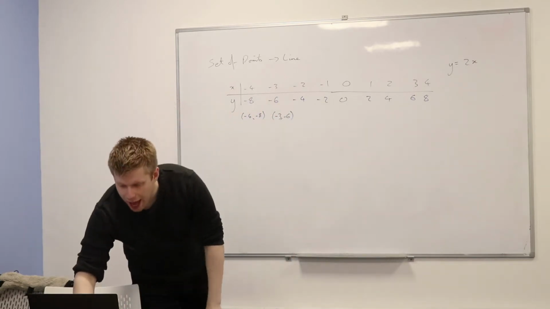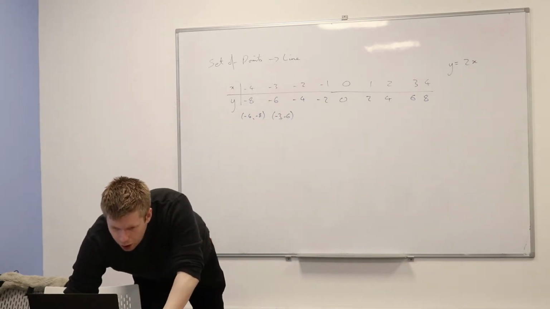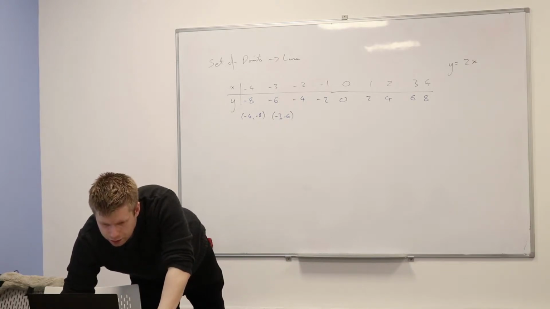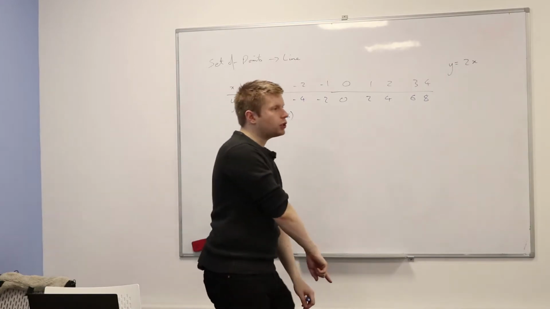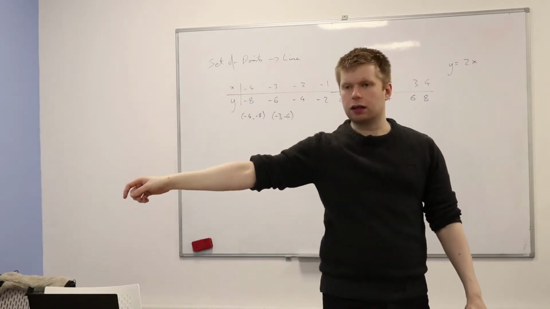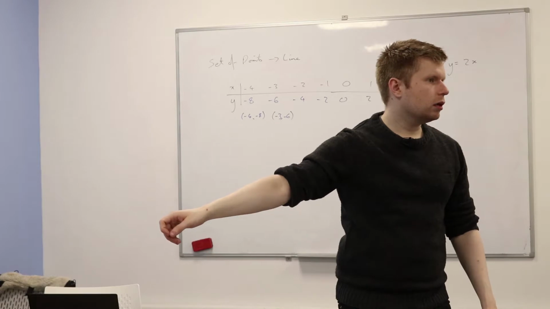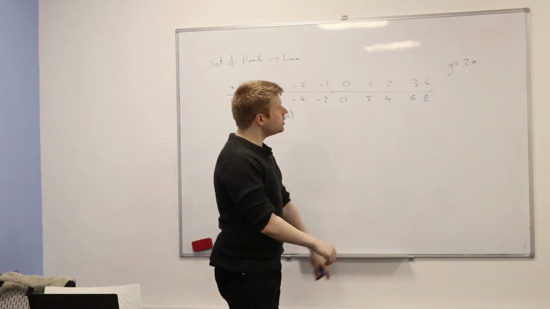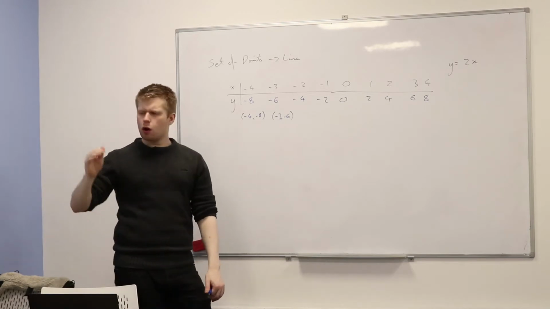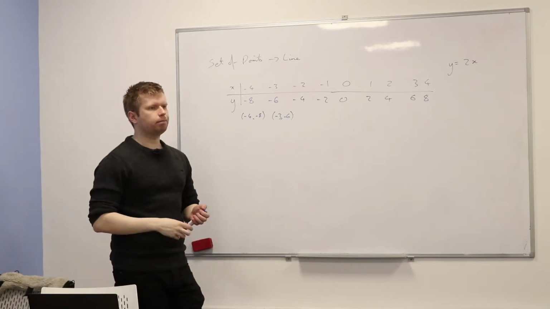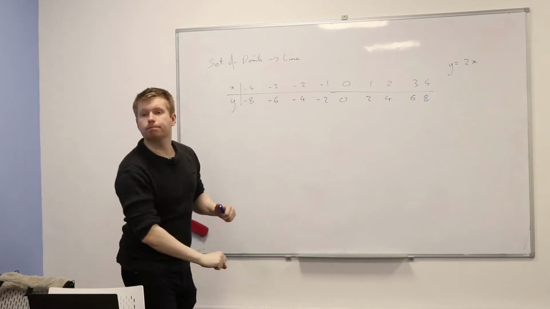And if I was going to do that and join them together, I would hopefully get a line that looks something like this, okay? So you're happy if I was just going to connect all of those points together, that's the line which I would get. So that line there is y equals 2x. Now I wonder if you could tell me, what is the gradient of this line? So how steep is this line?